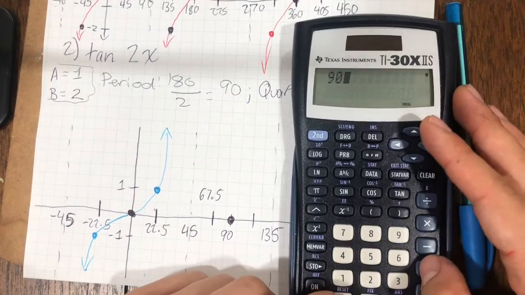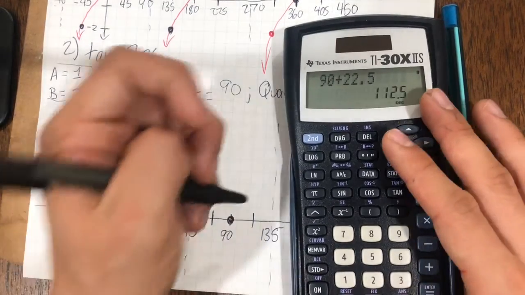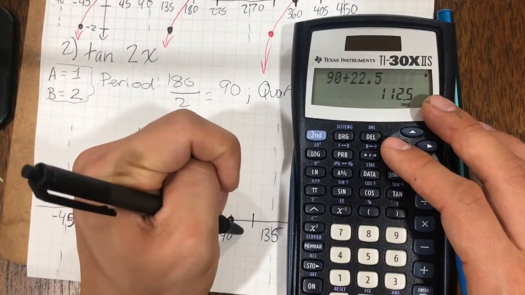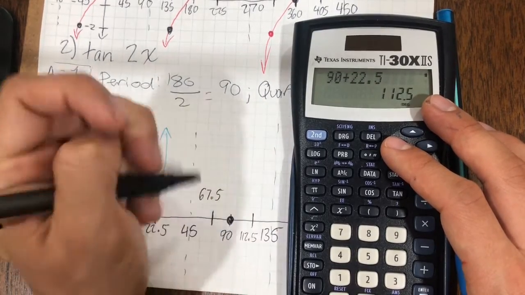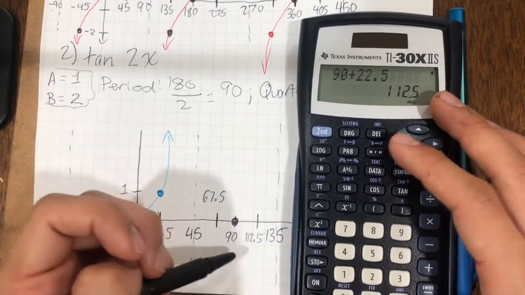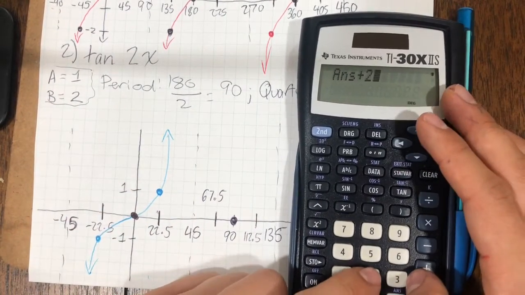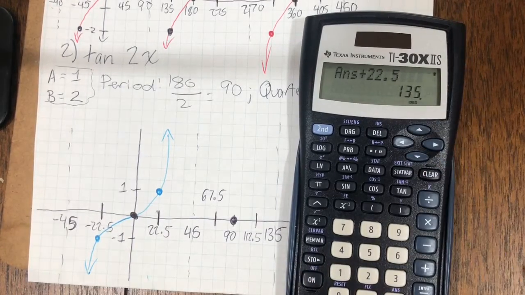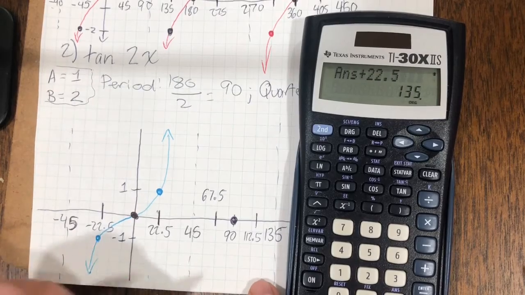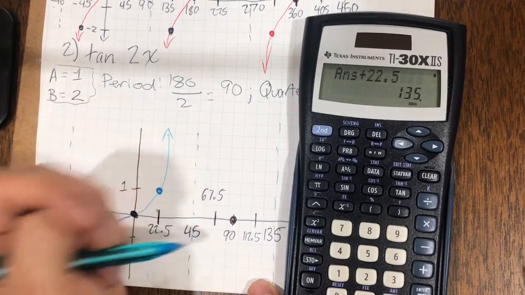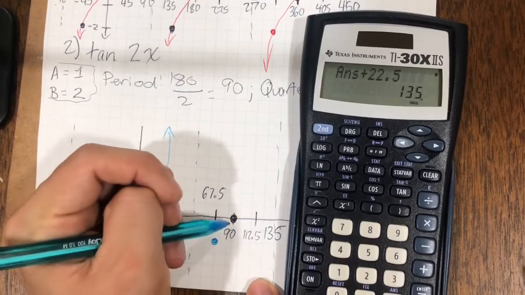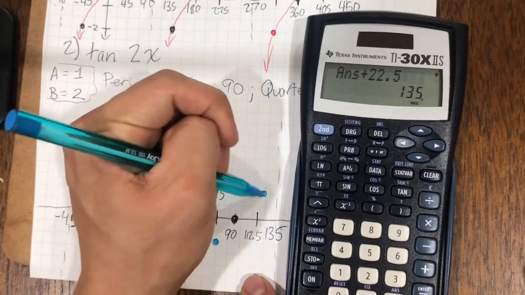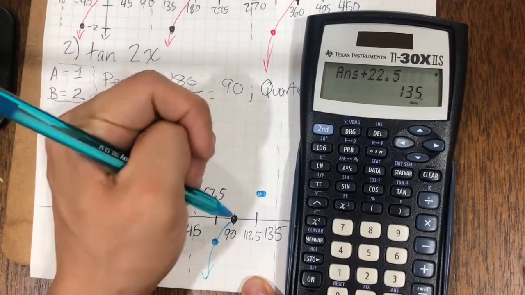Then add 22.5 to 90, I get 112.5. Okay, and then if I were to add 112.5 to 22.5, I would end up with 135. So we're good. So now I'm going to use the pattern to graph my tangent. So we have low at 67.5, mid at 90, and high at 112.5. Then connect the points.